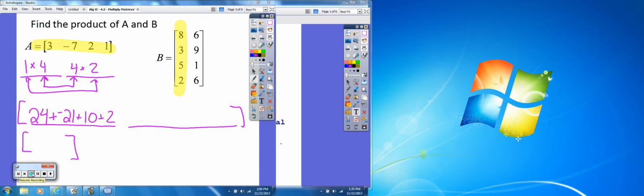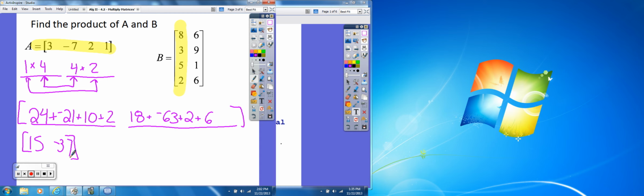Okie dokie. So I got 18 plus negative 63 plus 2 plus 6. Now go ahead, figure out the first spot, figure out the second spot, and make a new matrix with those two numbers in it. 15 and negative 37, right?